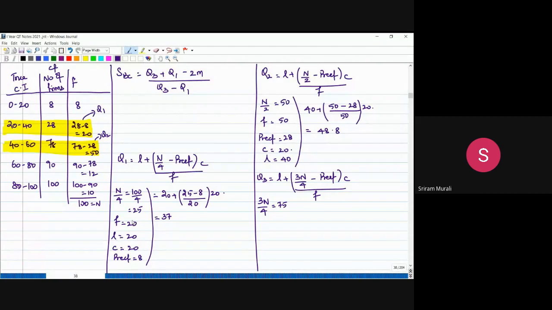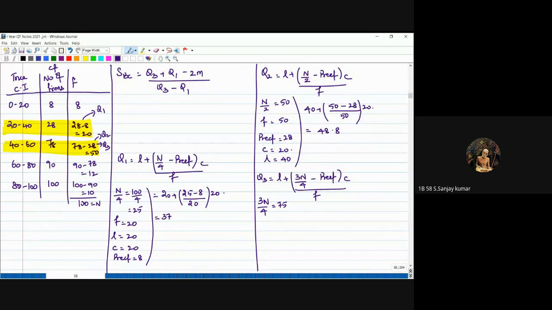In which class interval will 75 come? 60 to 80, sir? Where does 75 come in the CF? 40 to 60, sir. Your Q3 is also in the same range.